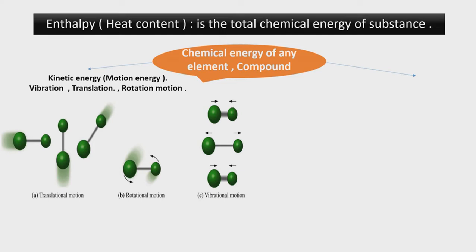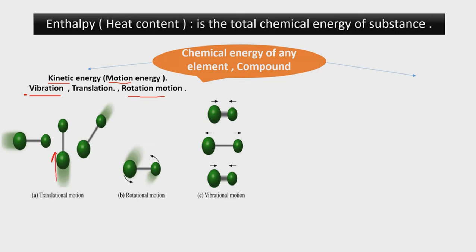The kinetic energy is separated into three main parts. The first one is vibration energy. The second one is rotation energy. And the third one is translation energy. In translation energy, the particles translate from one position to another position.